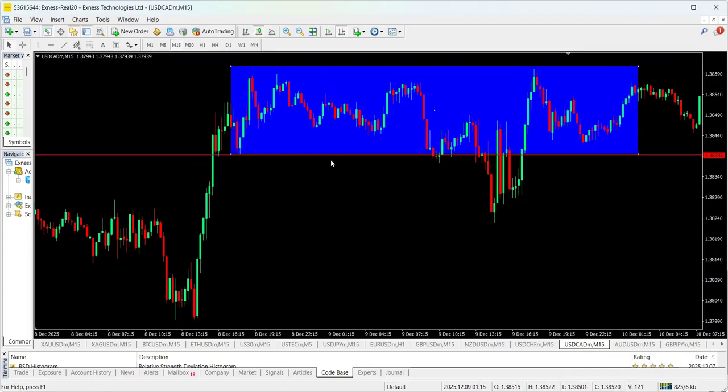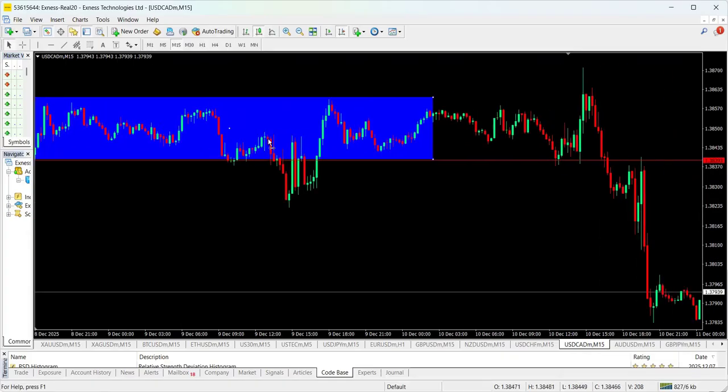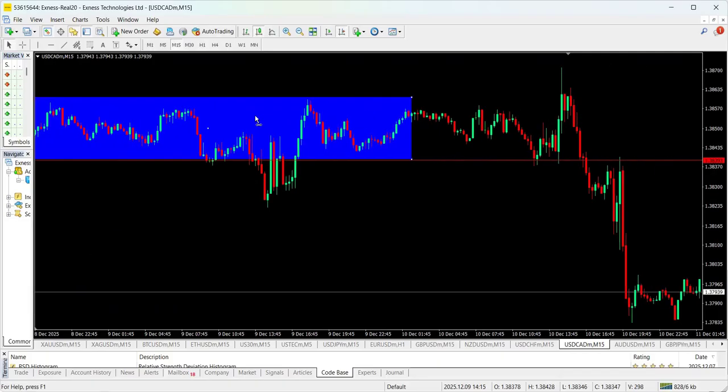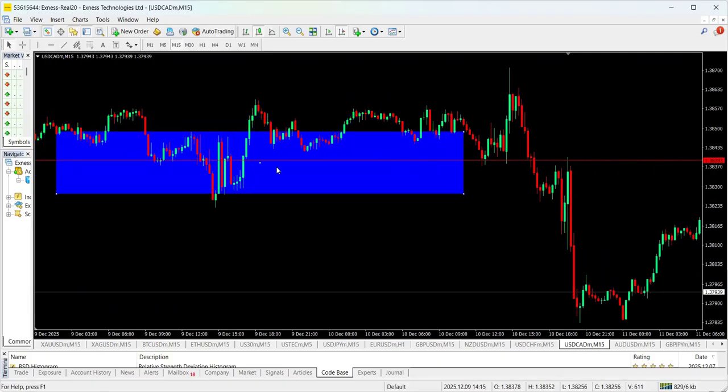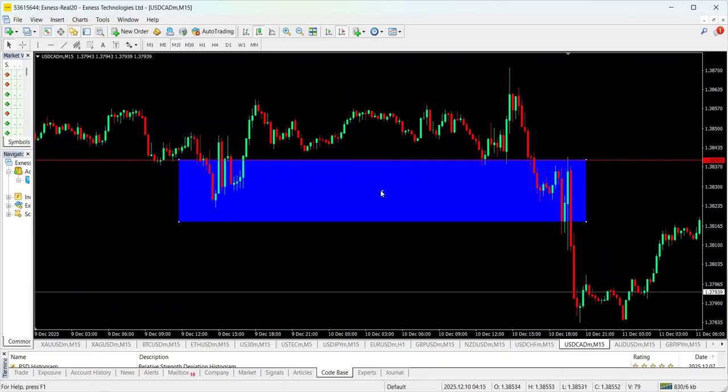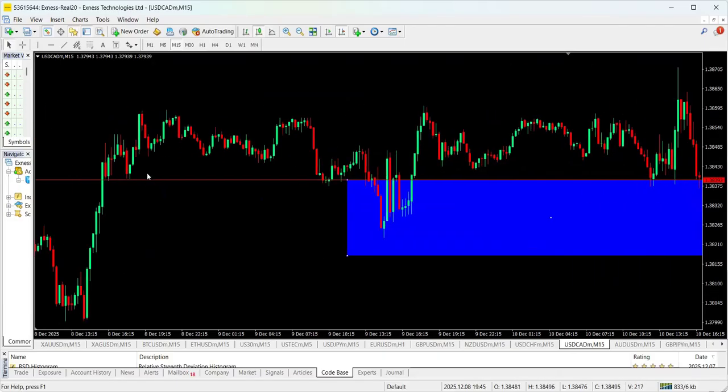Then coupled with a change of character, it tells us that the market is going to move down at least this much. So we see what the market later did. Once our strategy plays out, it means that above here, buyers are weak, and below here, sellers are strong.